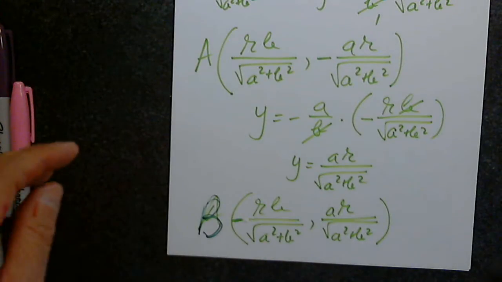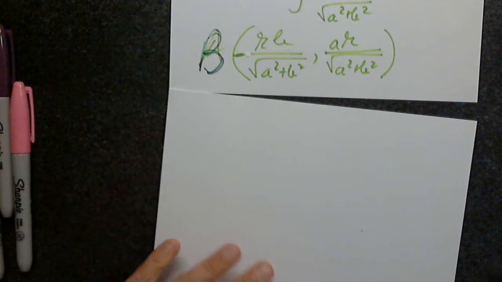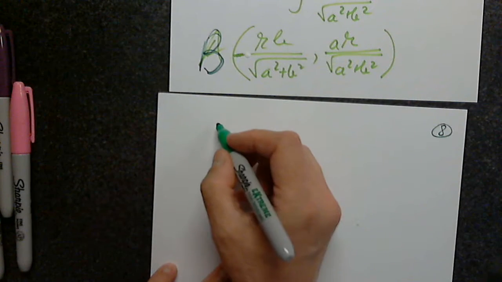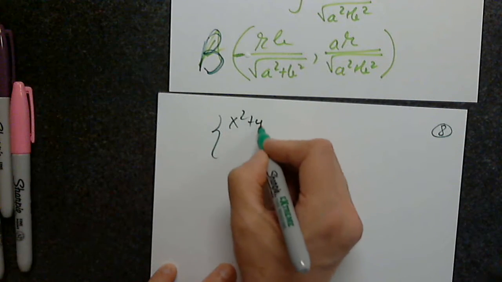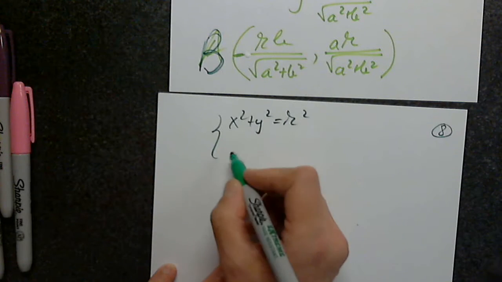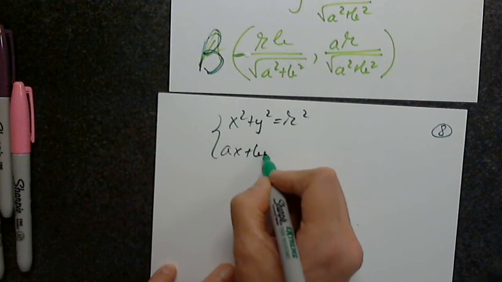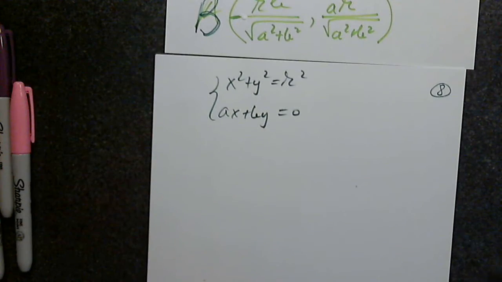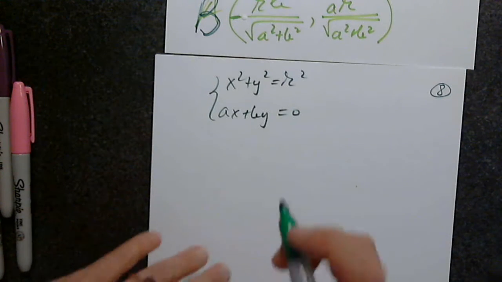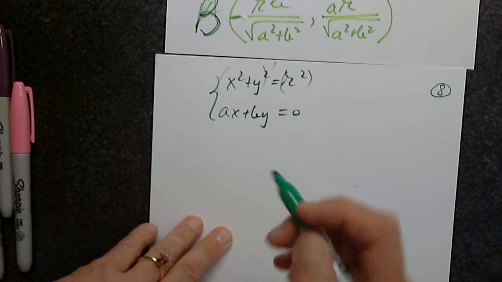Very good. So I'm going to copy those two, because of course I ran out of room. X squared plus y squared equals r squared, and ax plus by equals 0. For the first one, we differentiate both sides. What do we get?